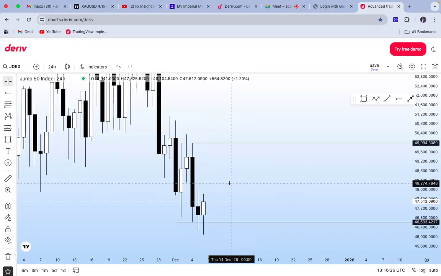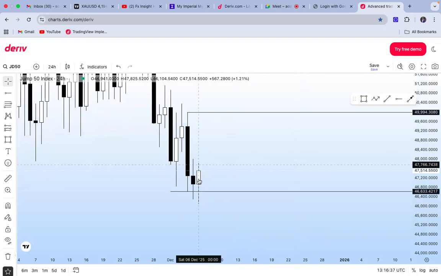I thought maybe when you took out the low, it becomes invalid. Not entirely. It depends on how this candle will close. Let's say that when it took out this low, the candle went on to close below the low.